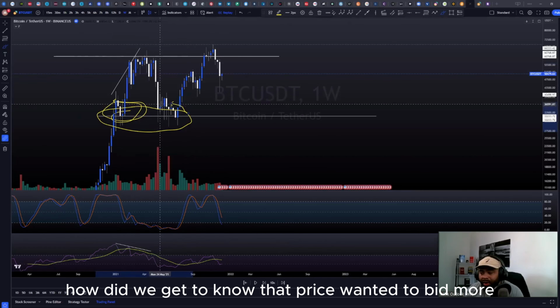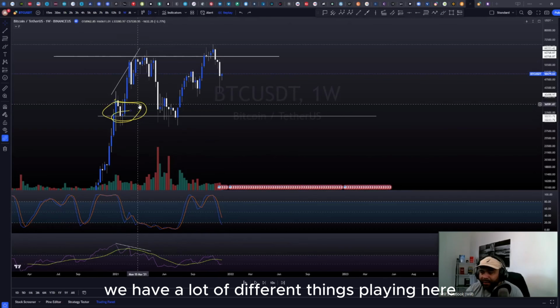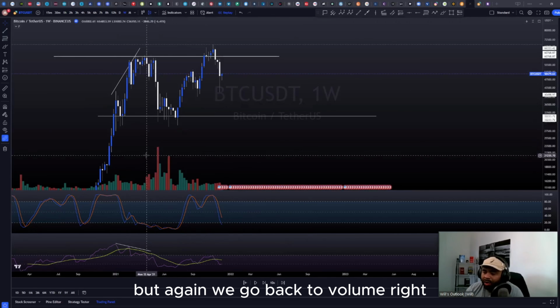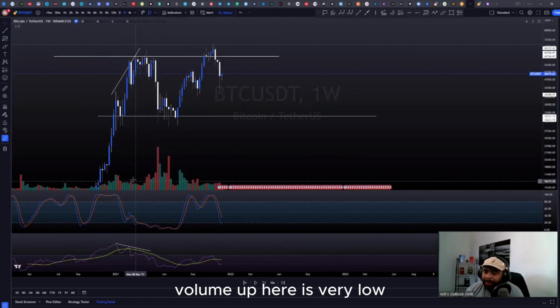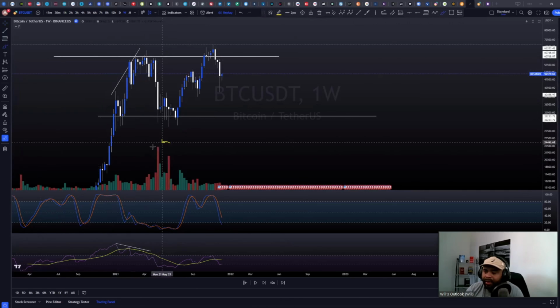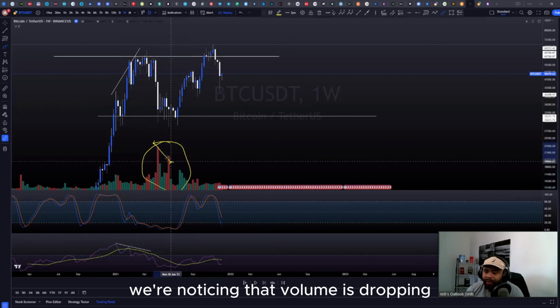How did we get to know that price wanted to bid more? Well, there's a few things here. We have patterns. We have a lot of different things playing here. But again, we go back to volume, right? Volume up here is very low. What are we noticing right here? A big volume spike. And not only a big volume spike, we're noticing that volume is dropping.